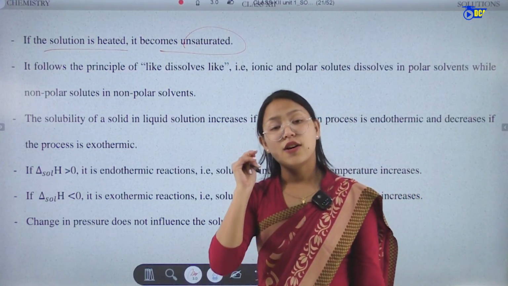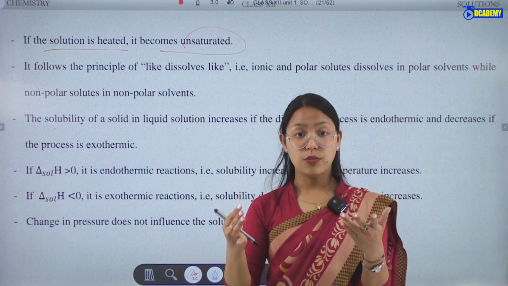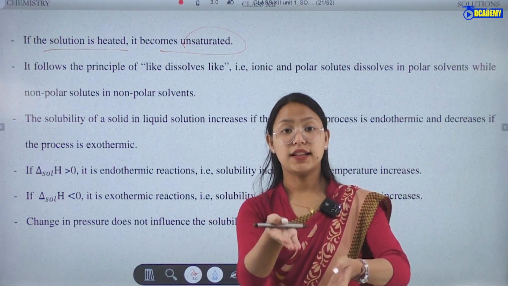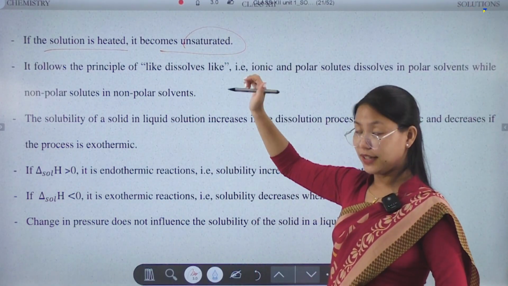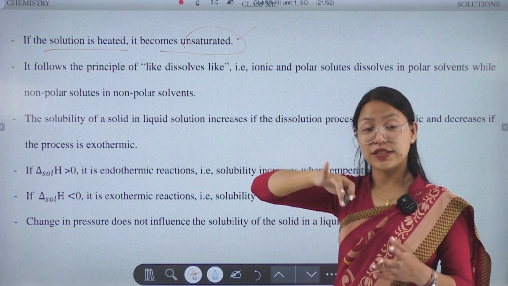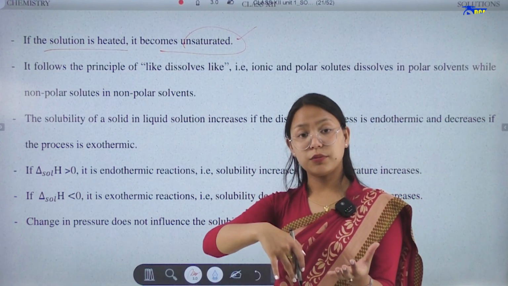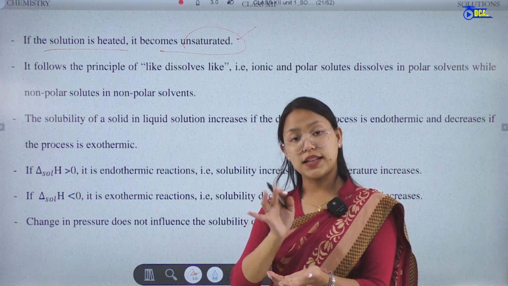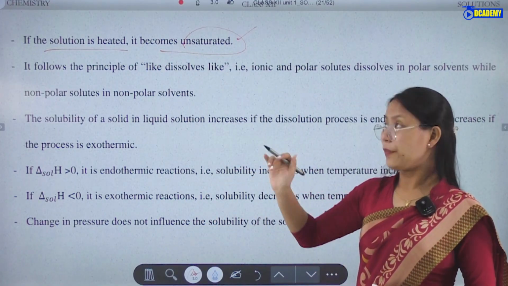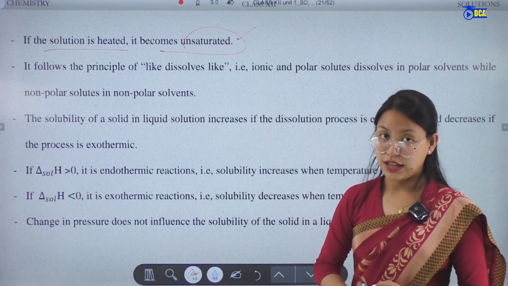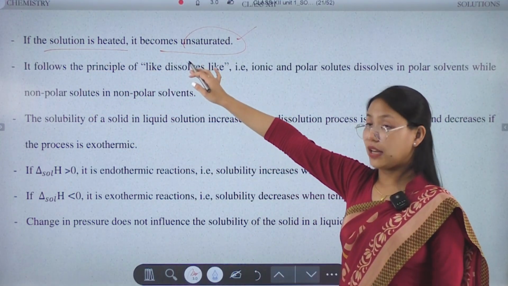So when we apply heat to a solution, if the solution is heated then it becomes unsaturated again.